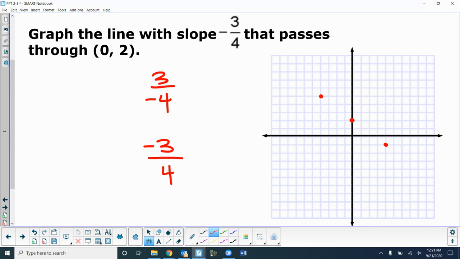So you end up on the same line, right? Negative slope is always this way. And positive slope is always this way. Okay? So just make one of them negative, not both. If I did both, down 3 and left 4, see? It's going to go this way as a positive slope.